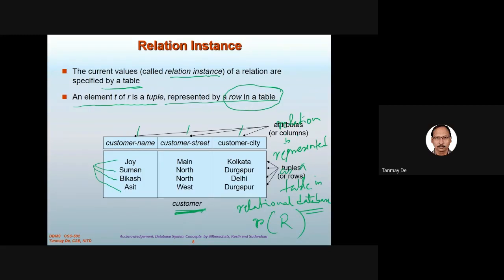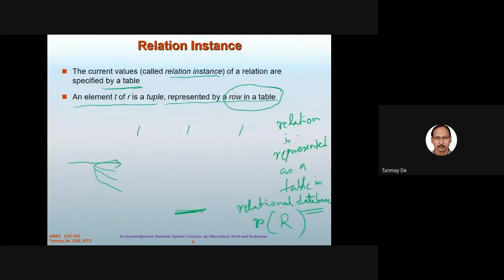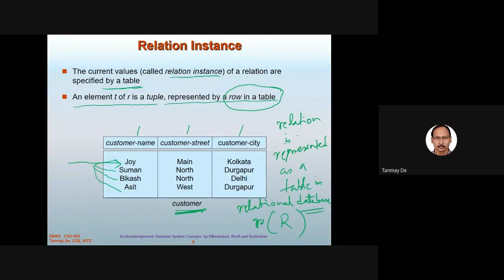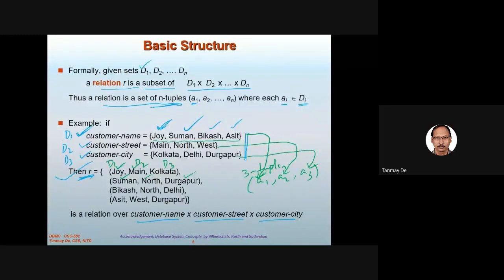Is it clear now? Suppose this tuple, Joy, Main, Kolkata. You can see it in our previous slide. This one. This is tuple T1. The next is tuple T2.